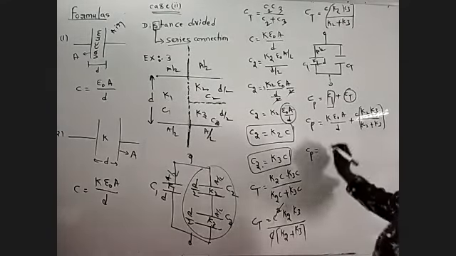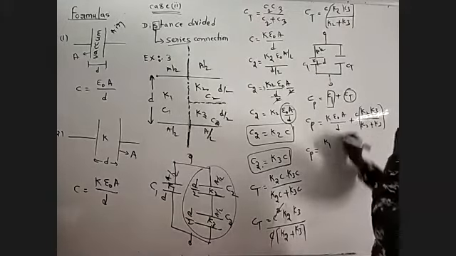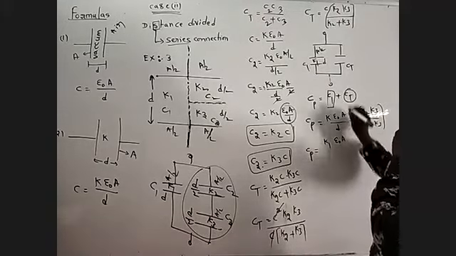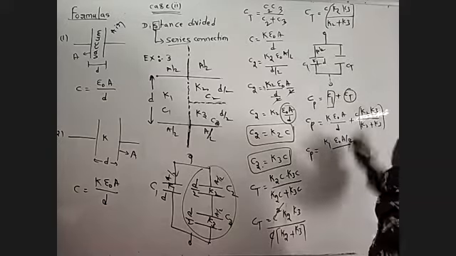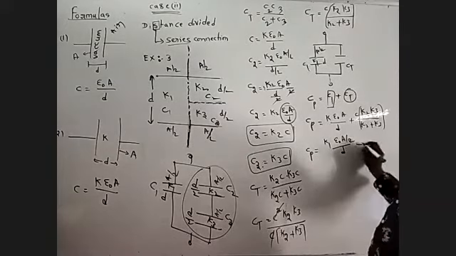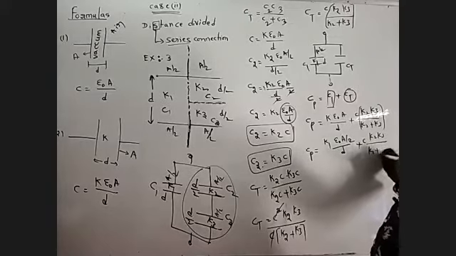C parallel is equal to K1 epsilon naught A, where the cross section area is A by 2, and the distance between the two plates is D, plus C into K2 K3 by K2 plus K3.